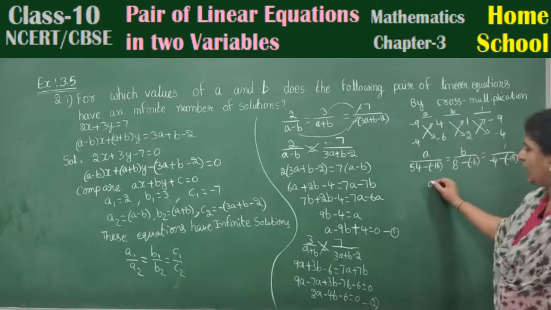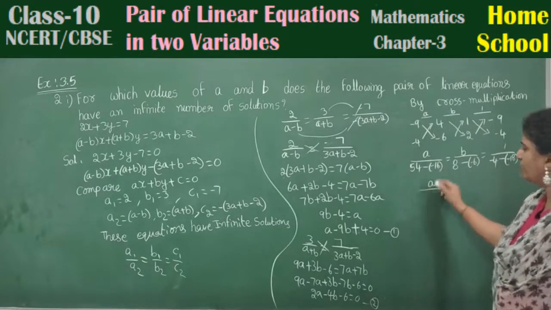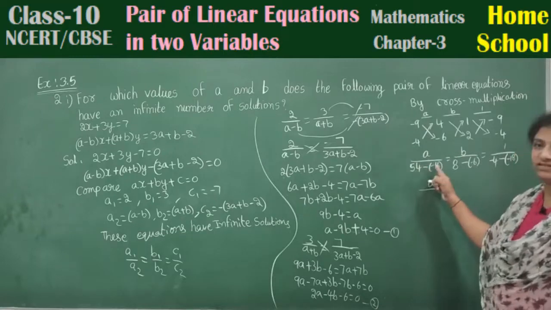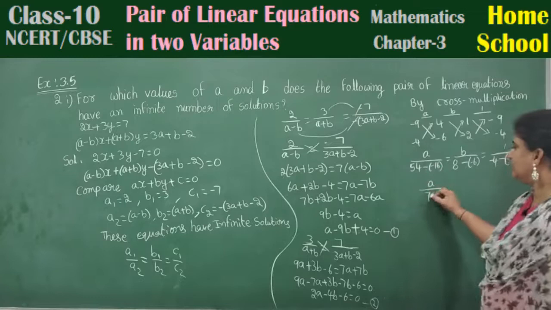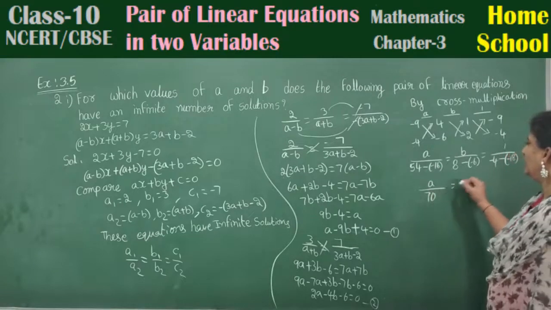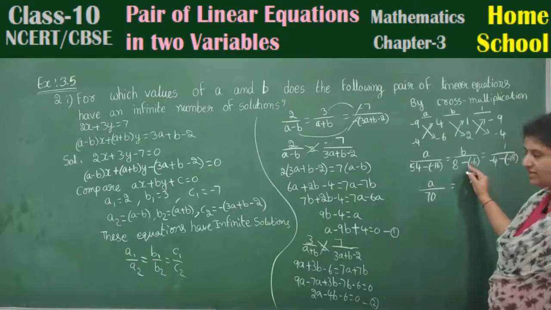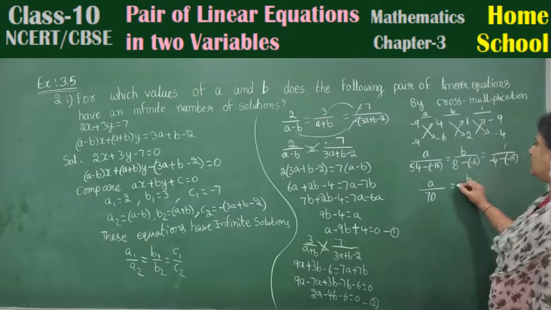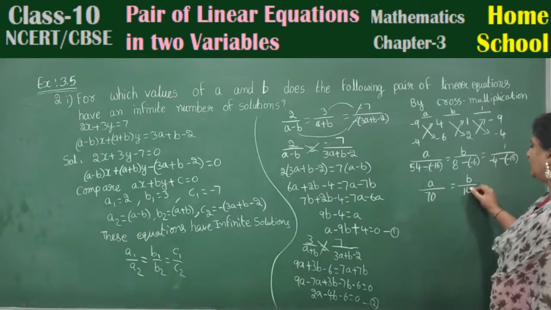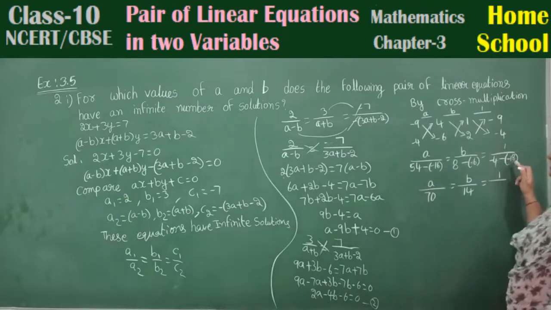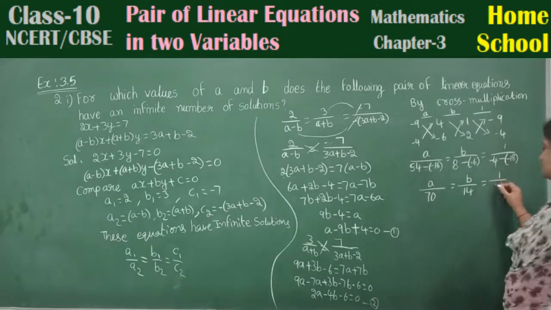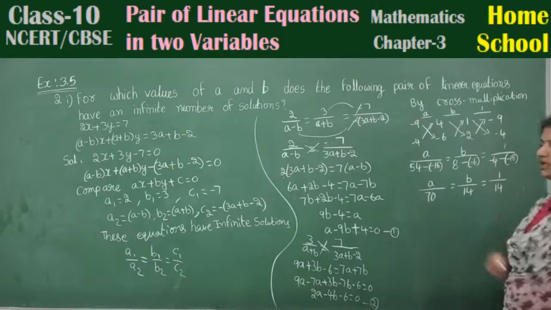Okay, a by 54 plus 16, minus into minus it will be plus, that will be 70. Minus into minus plus, that will be b by 14 is equal to 1 by minus 4 plus 18, minus 4 will be 14.